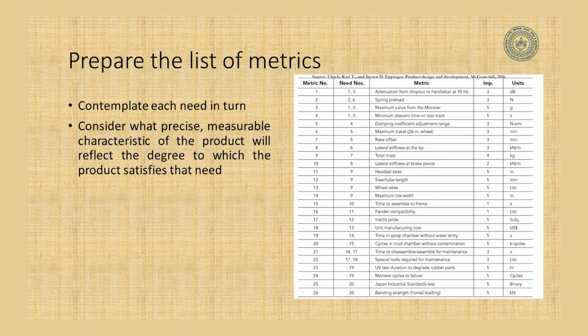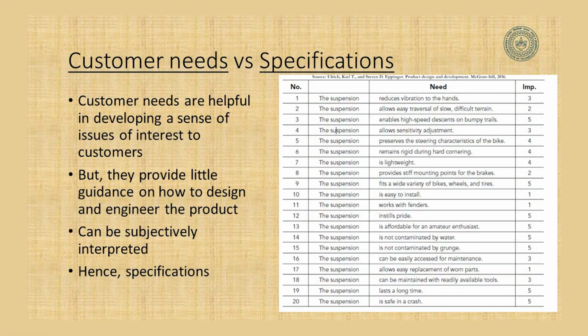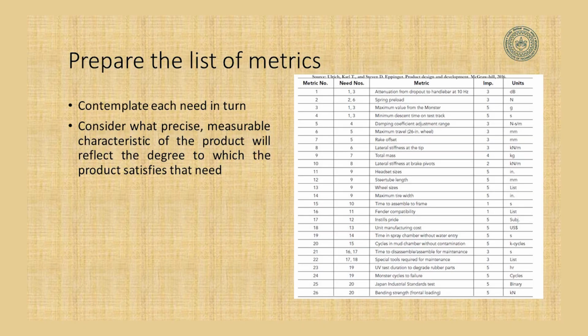So, examples of some metrics. For needs 1 and 3, if you look back, needs 1 and 3 were reduces vibration to the hands and enables high speed descents on bumpy trails, right. So, reducing vibration and enabling you to go through very fast descents.